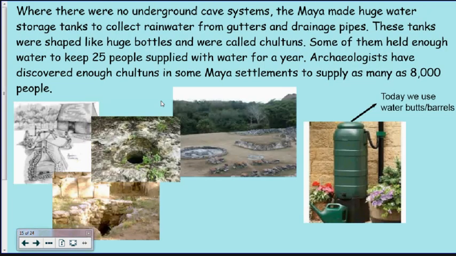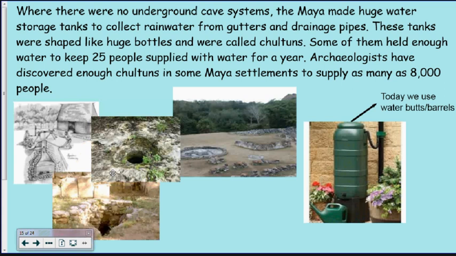So in parts of Mesoamerica where there were no underground cave systems, no cenotes, where these natural wells didn't occur, the Maya had to create their own way of getting the water. And they made huge storage tanks under the ground that collected rainwater.